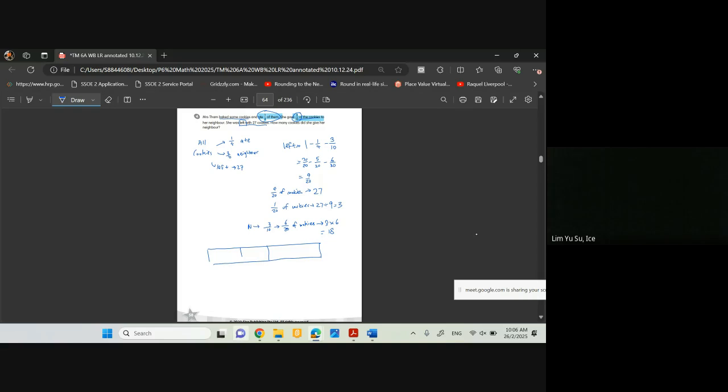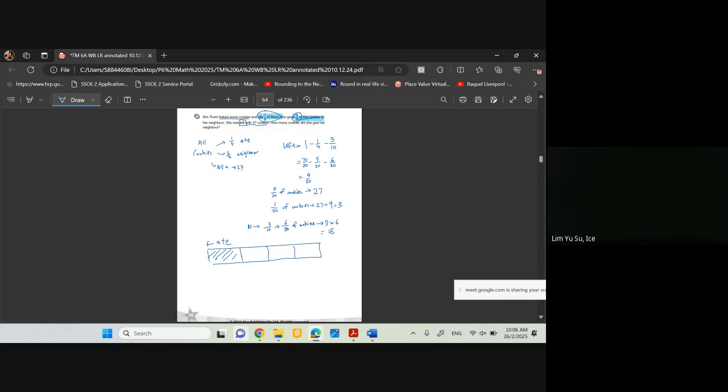If you can understand what I've written so far, no need to draw a model, you can do it already. So yes, you're right. If I draw a model, I start off with 4 units, and then the first 1/4 is the part that she ate.